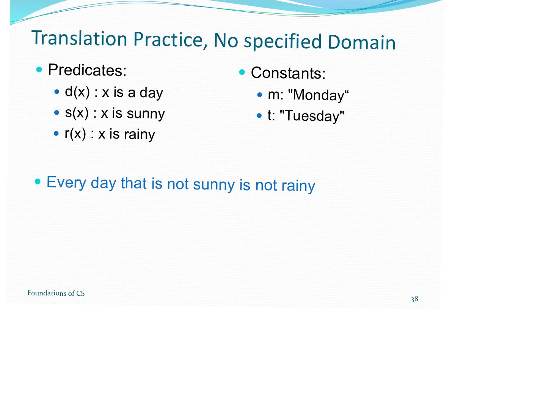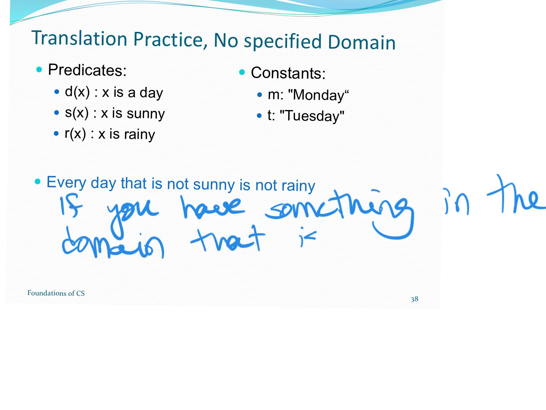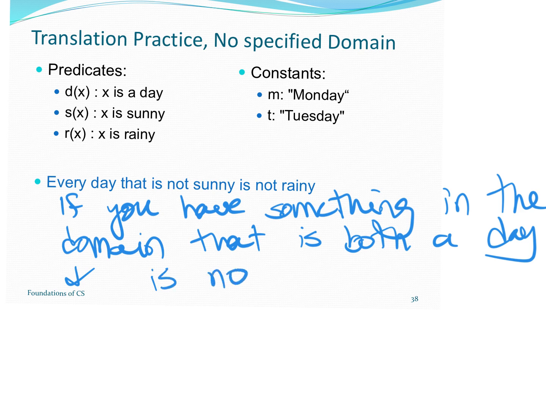So this says, if you've got something in the domain that is both a day and is not sunny, that means it's not rainy either.